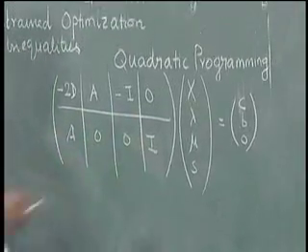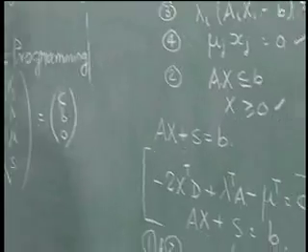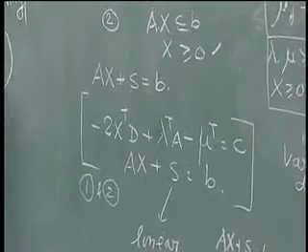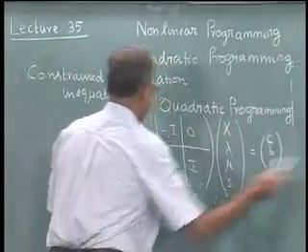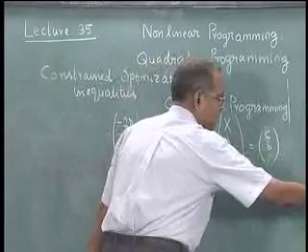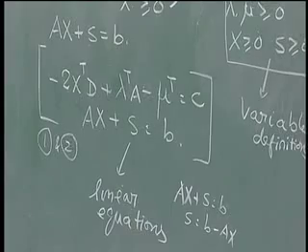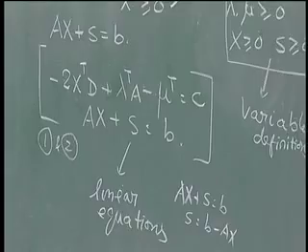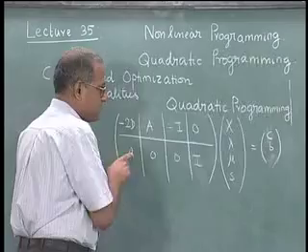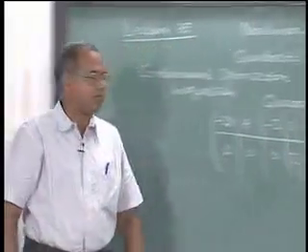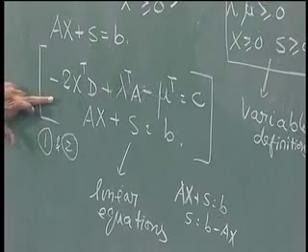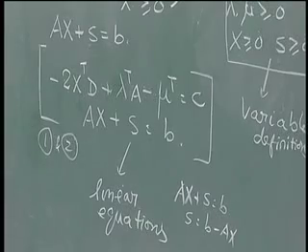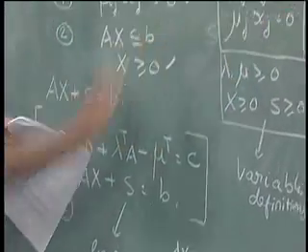Now, this comes because the first set can be written as minus 2Dx, which is this form, plus lambda A, which is this form, multiplying by transpose, then you get minus mu, which is here, equal to c, which is here, and the other one is written as Ax plus s equal to b. So, Ax plus s equal to b. Now, this is the nice representation of this set of linear equations which are given here, plus of course we have this and we have this.